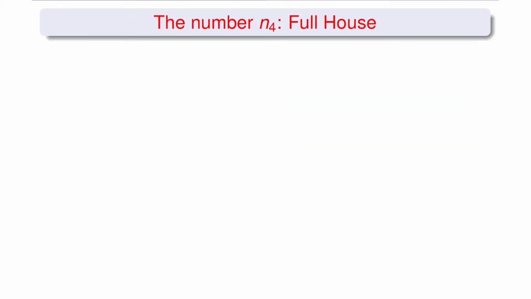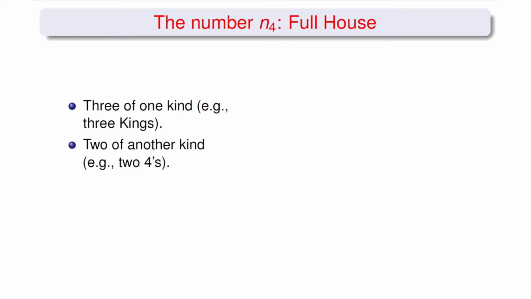Now let's try to find the number N4, the number of possible full houses. In order to be a full house, there must be 3 of one kind, for instance, 3 kings, and 2 of another kind, say 2 fours.